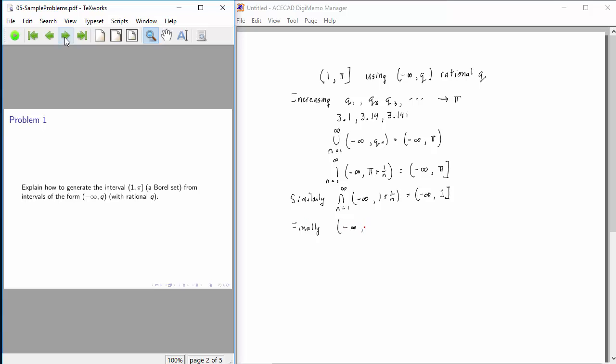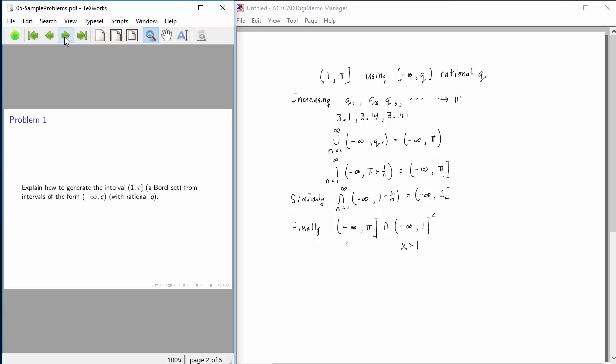So, what I will do is take the interval from minus infinity to pi and form its intersection with the complement of the closed interval from minus infinity to 1. These are numbers with the property that x is strictly greater than 1.